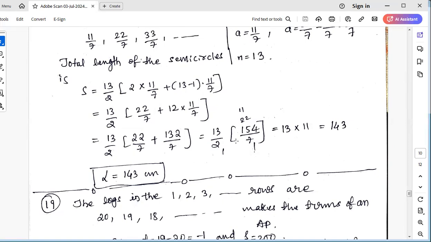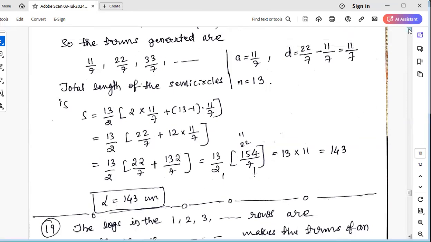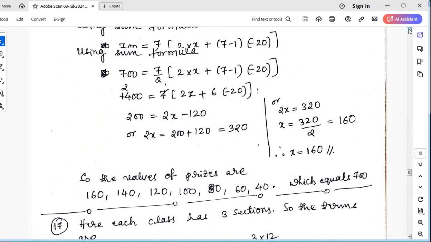Now make some cancellation here. 7 ones are 7, 22 sevens are 154, so that goes. Then 2 elevens are 22, so that goes. Therefore 13 into 11 is equal to 143, which is the total length of the semicircles generated in this way.